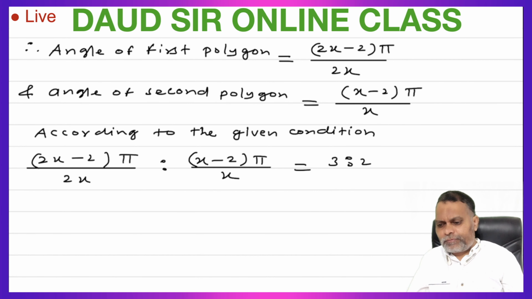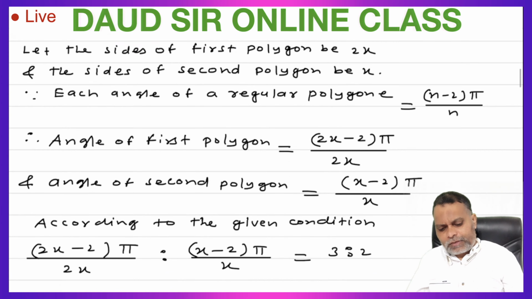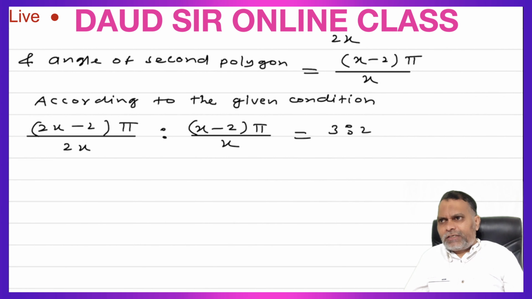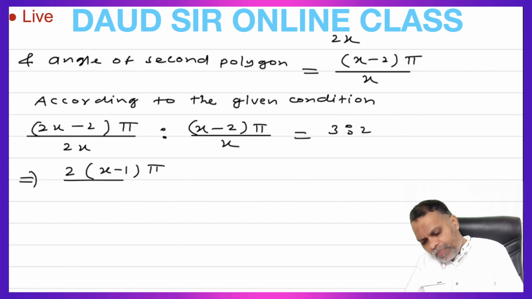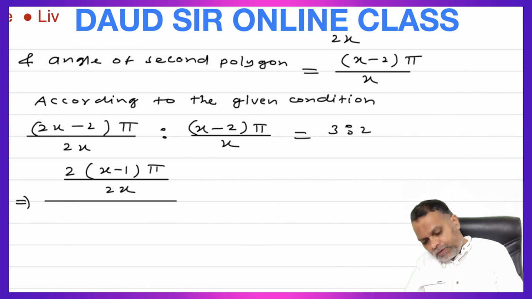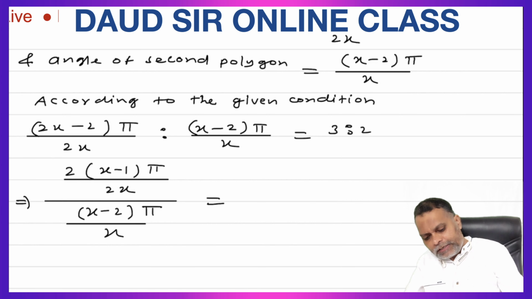It is given. Now simplify this for the value of x. Here 2 common, (x minus 1) into pi upon 2x upon (x minus 2) into pi upon x, you can write like this, is equal to 3 upon 2.